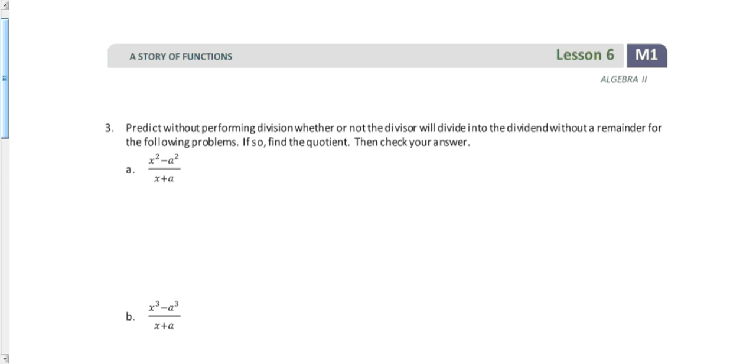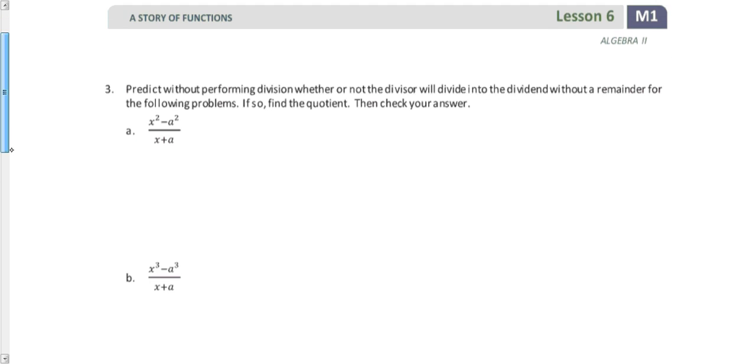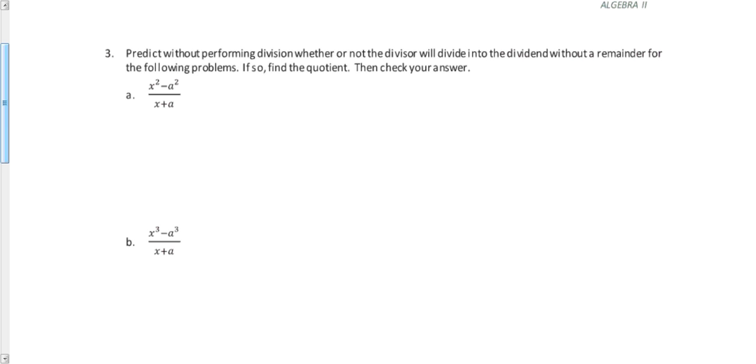All right. So, if I wanted to simplify, let's look at letter B on the next page. It says, predict without performing division whether or not the divisor will divide into the dividend without a remainder for the following problem. So what does that mean in English? Yes, Jasper, do you have a question?